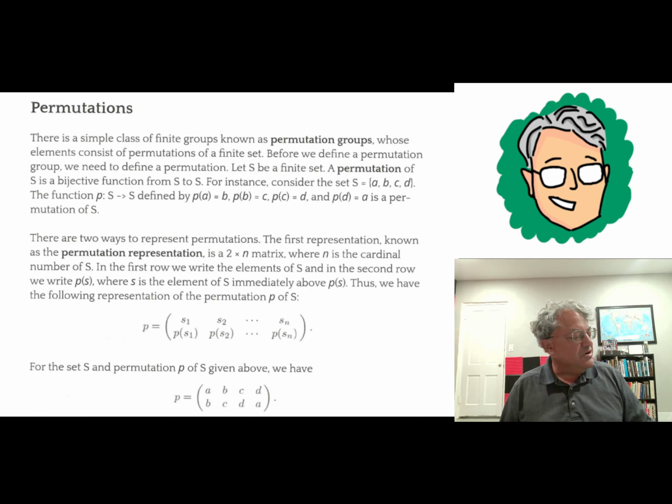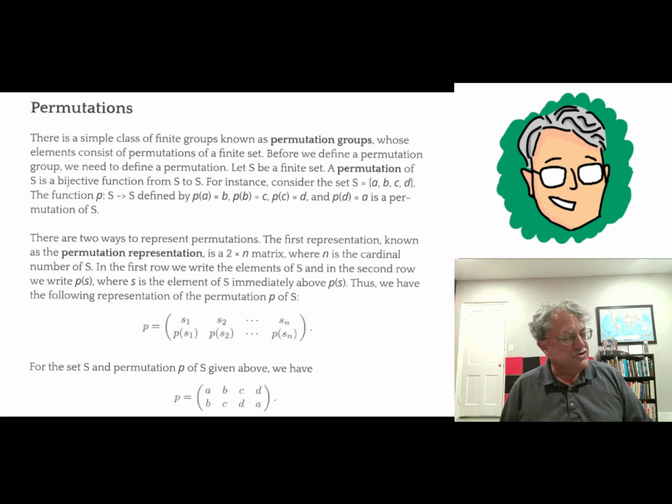And there's a couple ways you can represent permutations. They both involve matrices. Actually, the first one is a matrix representation. It's a 2 by n matrix where your set has a cardinality n. In this case, n is 4. So I guess it's actually a 2 by 4 matrix.